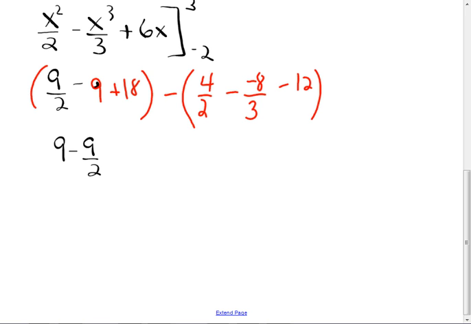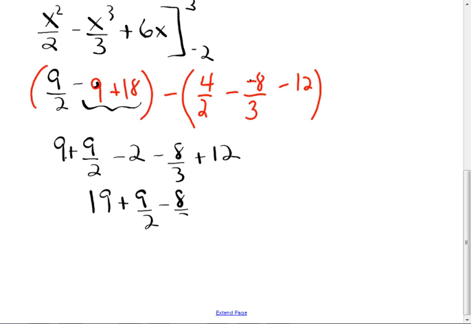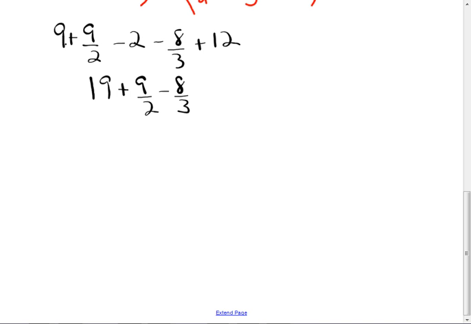And then let's see, it's minus 2, minus 8/3, right? 9 minus 9... this is 9. Oh, plus 9. Right. And a minus 12 is plus 12. So 9 minus 2 is 7, plus 12 is 19, plus 9/2 minus 8/3. Common denominators.